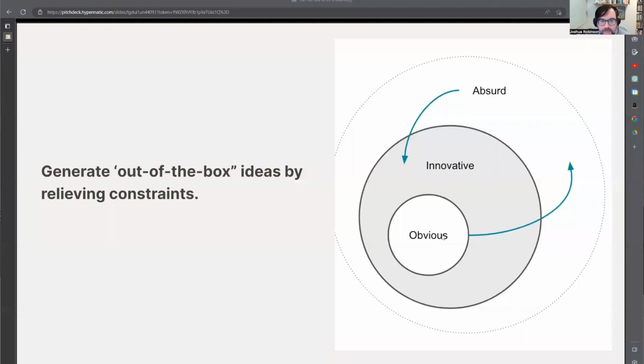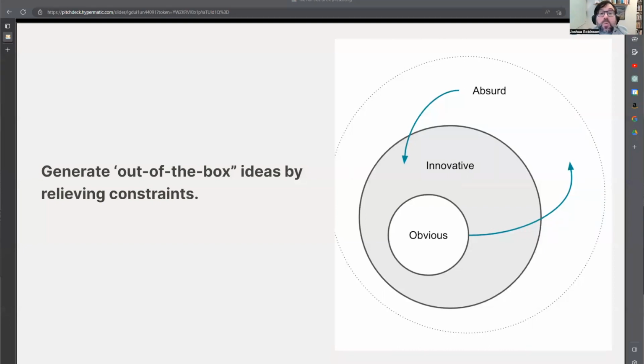Rather than starting with the obvious every time and trying to go straight to the innovative, what if we moved past obvious and started with the absurd? No constraints, go to the absurd. And then layer on constraints. That's an easier way to get to innovative thinking and innovative ideas than starting with the obvious and trying to get to innovative.